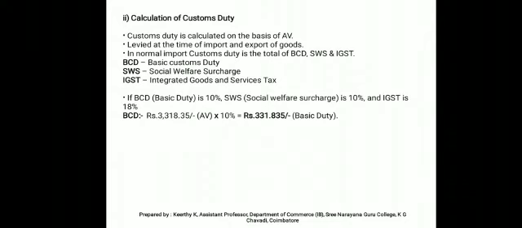If these are the percentages, what will be the customs duty? Customs duty is calculated on the basis of assessable value, and here we got the assessable value as rupees 3318.35. The basic customs duty is 10%, so we have to calculate 10% of the assessable value.